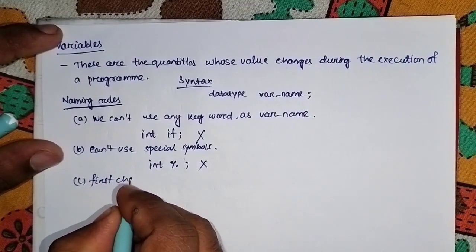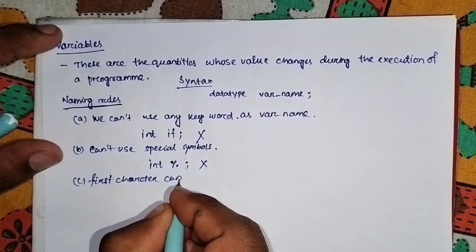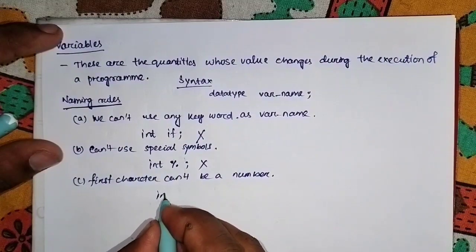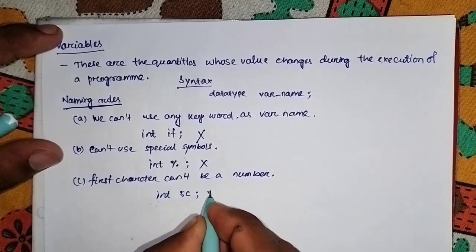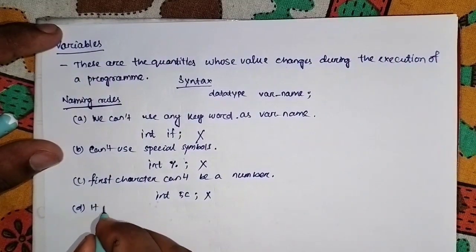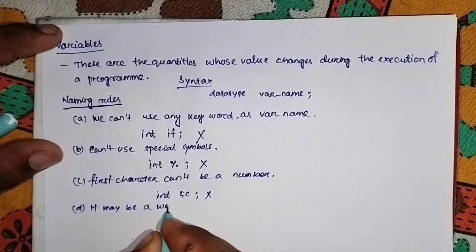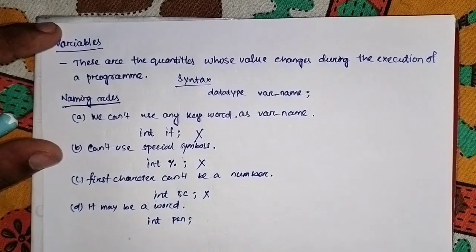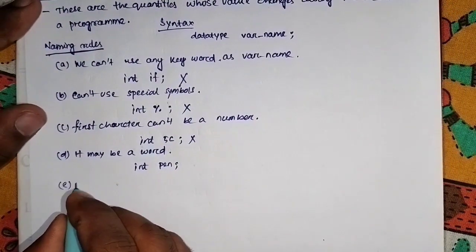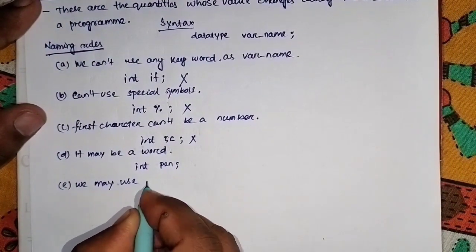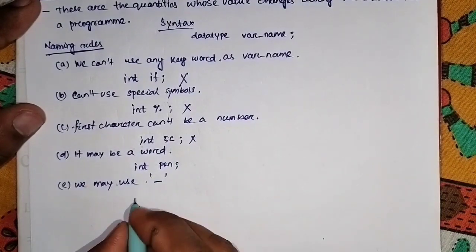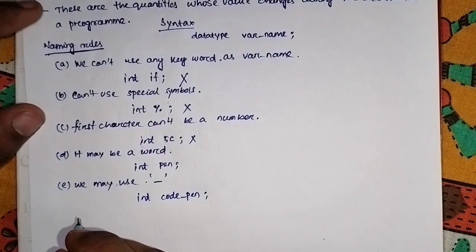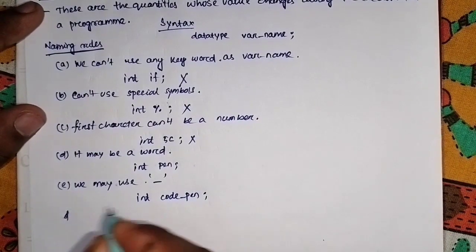We cannot take a number as the first character, such as int 5c. Here 5, a digit, is the first character. It may be a single word such as int pen, or we may use more than one word without using space, but we may use an underscore, such as int code_pen.